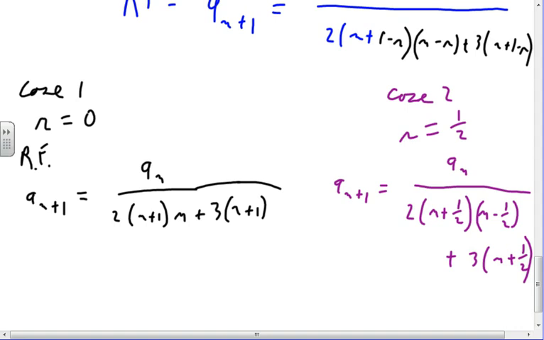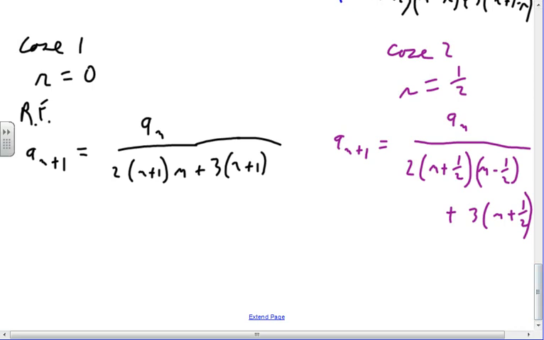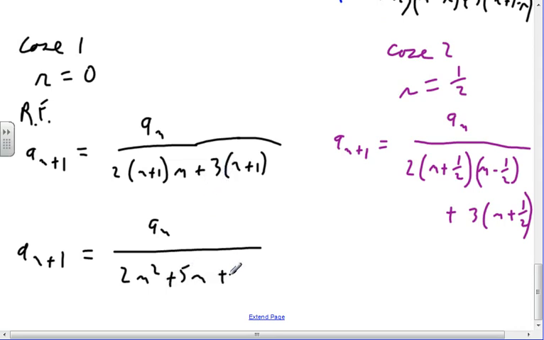I'll tweak those some. And so I got a_{n+1} equals a_n divided by 2n squared, 2n squared, 2n, 5n, plus 3.